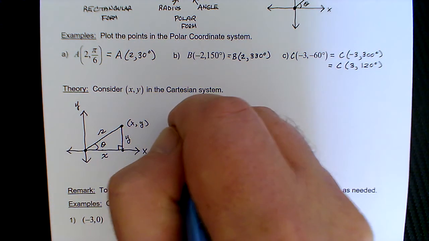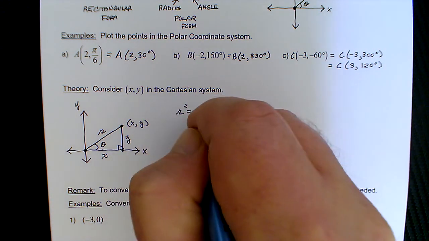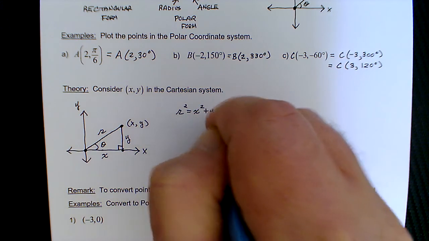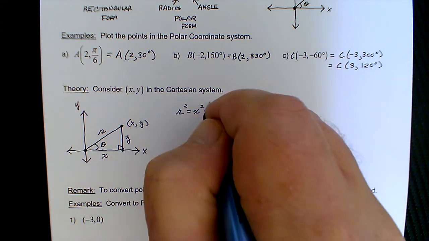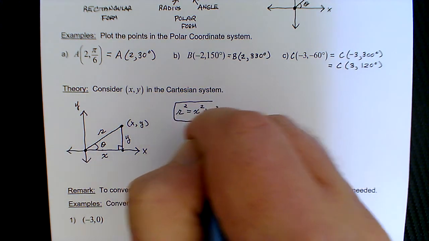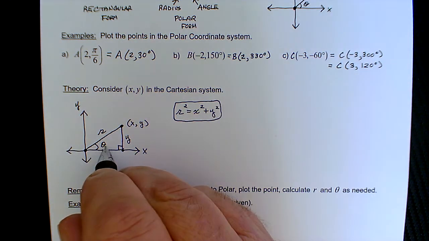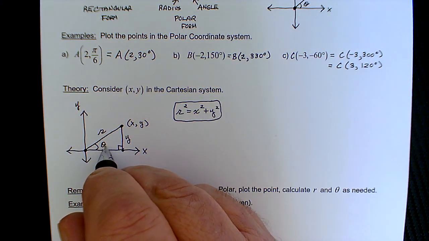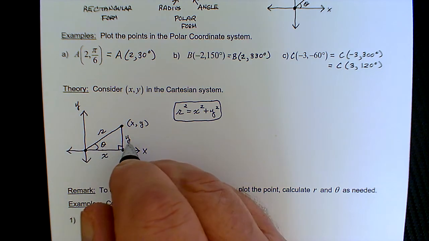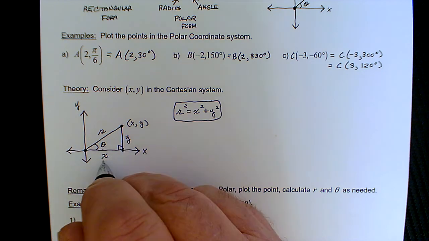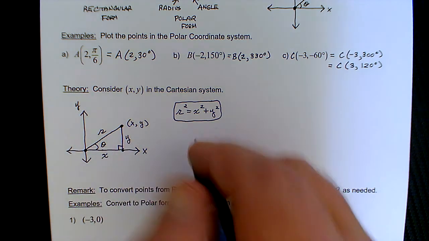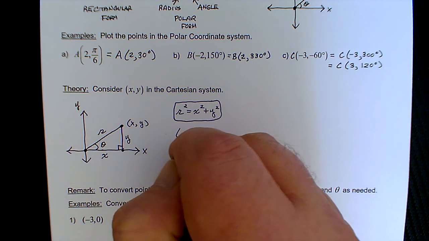And then let's imagine we're given x and y, and we want to find r and theta. Well, immediately we have that r squared is x squared plus y squared by the Pythagorean theorem. So that'll give us r. And to get theta, if we have x and y, we'll have to involve a trigonometric function with x and y in terms of theta, and the one most commonly used is tangent.